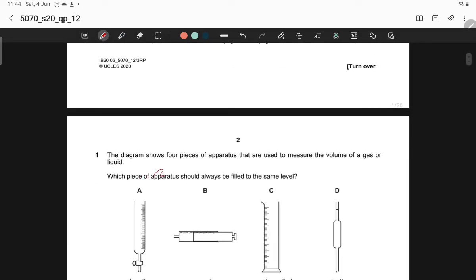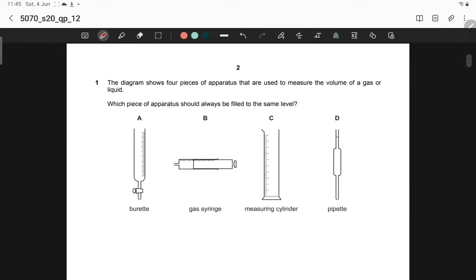Question number 1. The diagram shows 4 pieces of apparatus that are used to measure the volume of gas or a liquid. Which piece of apparatus should always be filled to the same level? Pipette is used to fill the liquid to the same level.